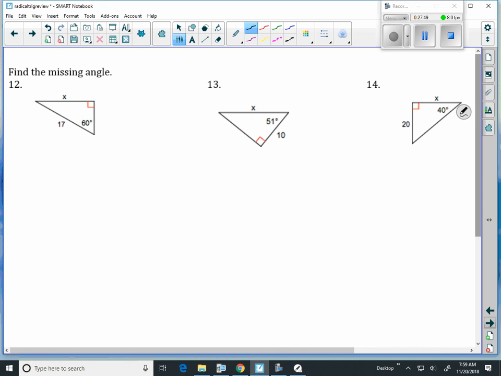On number 13, that's the hypotenuse, because it's across from the 90-degree angle. How does 10 relate to 51? It's adjacent. Yep, it's right next to. Which trig function is A and H? It's cosine.